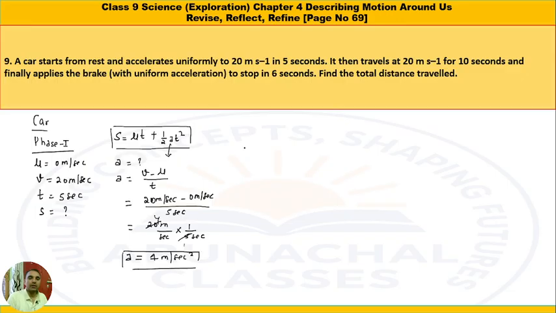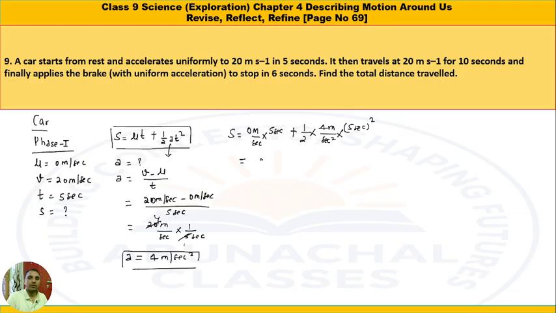Now with the help of acceleration we can put the value here. So s will be equal to u, which is given as 0 meter per second, multiplied with time, which is 5 second, plus half a, acceleration is given 4 meter per second square, and it is t square, that is 5 second whole square.